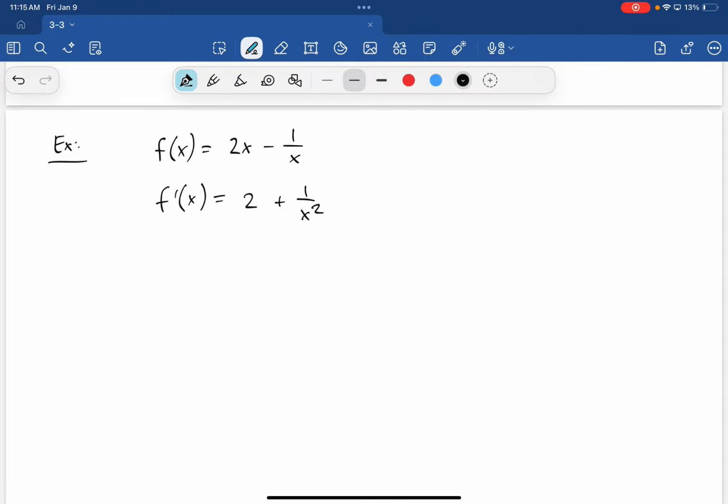We are not allowed to take the reciprocal of an inequality, right? That's an important fact. And so let's multiply both sides by x squared. So we have 1 is greater than negative 2x squared. Any questions?